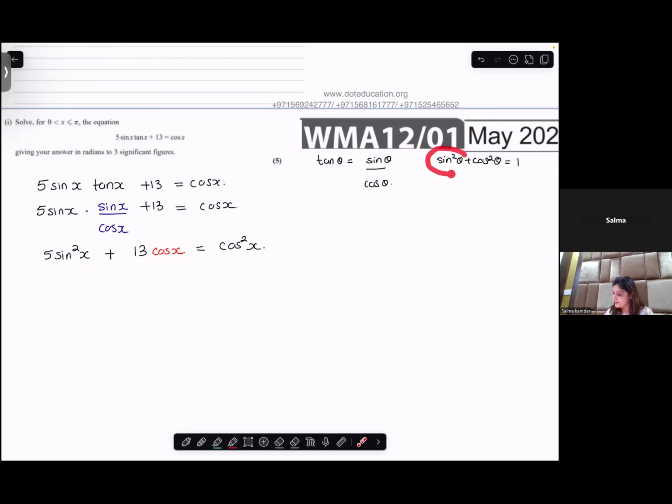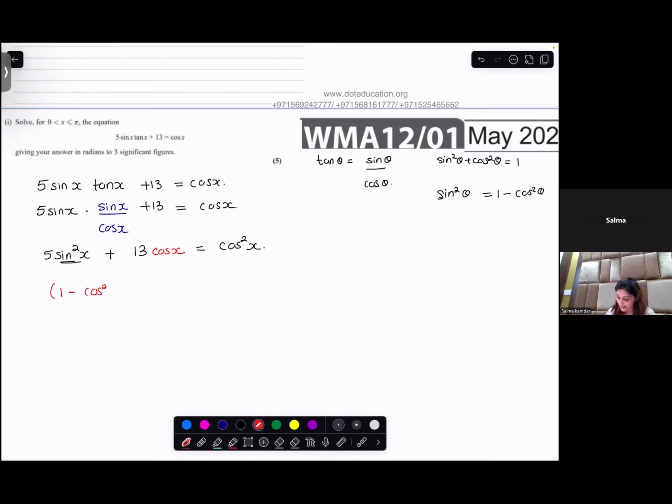So if I manipulate this equation, I know sine square theta is 1 minus cos square theta. So I will change this and make it 1 minus cos square x. So this becomes 5 plus 13 cos x is equal to cos square x.